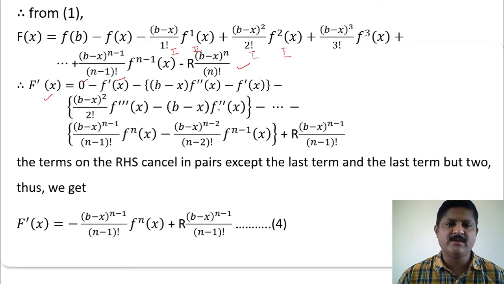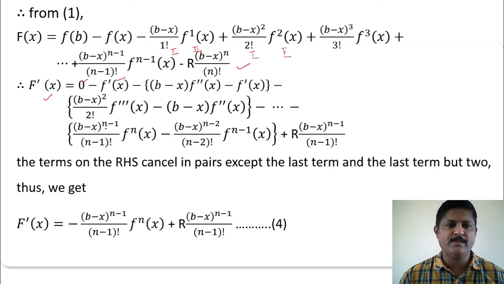Keep f double dash of x as it is, differentiation of (b minus x) whole square by 2 factorial is (b minus x) power 1 into minus 1 because 2 gets cancelled, plus into minus, minus, therefore which becomes minus of (b minus x) f double dash of x.